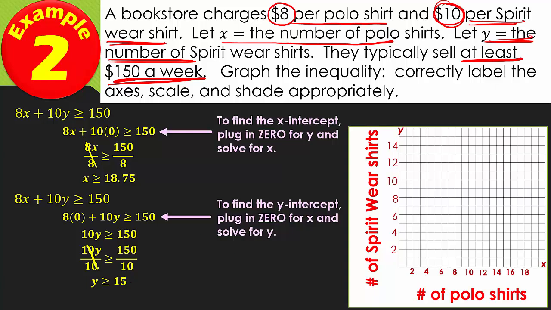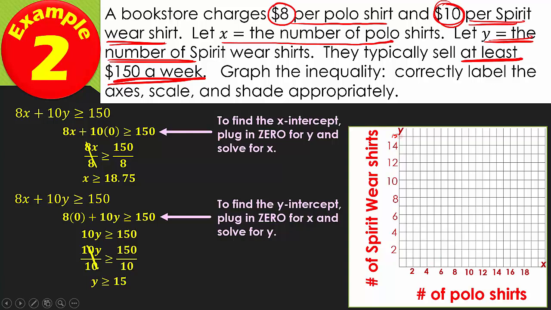And for y, we want enough room to go to at least 15, which we do, because 15 would be right there. You don't need to label it, but that's where 15 is. So we have enough room on our graph for everything, keeping the same scaling, and that's important too. These are all going up by 2.